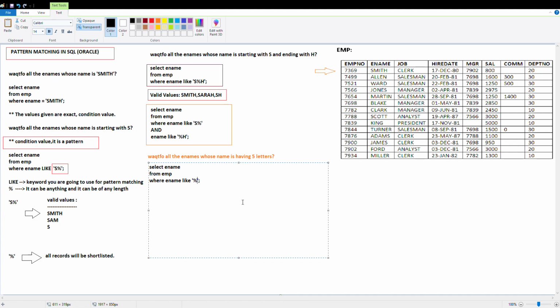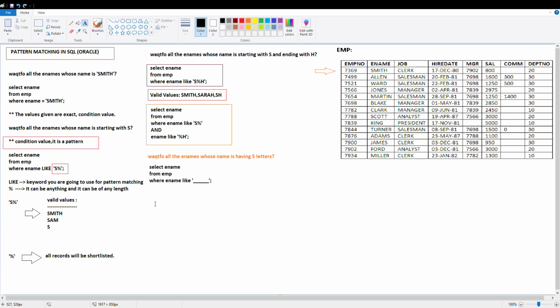In these kinds of scenarios, what do you have to use? You have to use underscore. That is 1 letter. So 1 underscore says the ename should have 1 letter, and that letter can be anything. If I'm using 5 underscores, ename like 5 underscores says that ename can contain 5 letters, and those 5 letters can be anything.